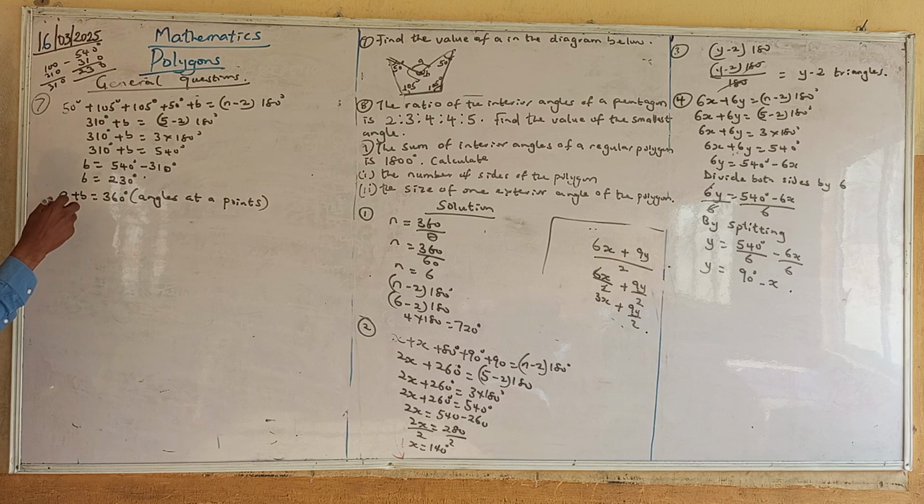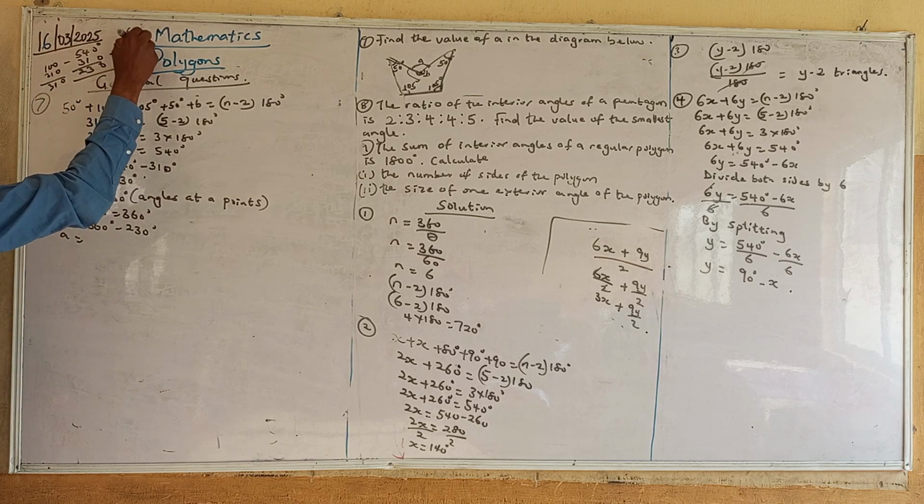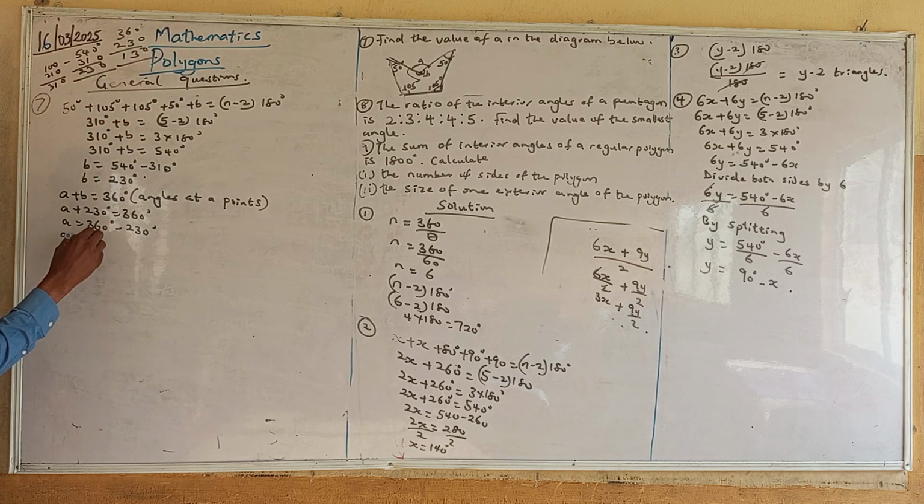So I have A plus 230 degrees equals 360 degrees. So A will now be 360 degrees minus 230 degrees, so 130 degrees.